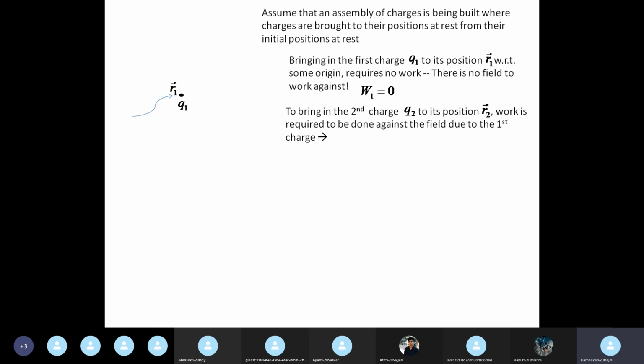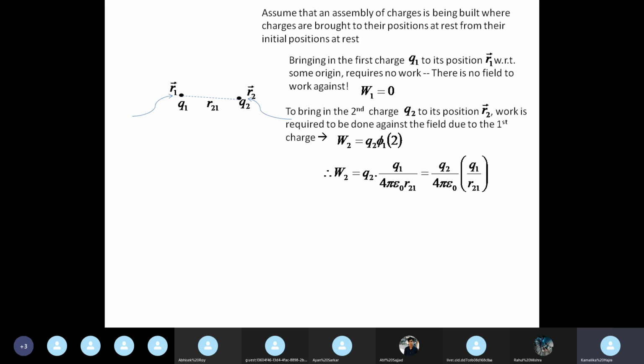As we calculated, work is equal to charge into potential. So W2 is equal to Q2 phi 12, where the distance between Q1 and Q2 is R21.